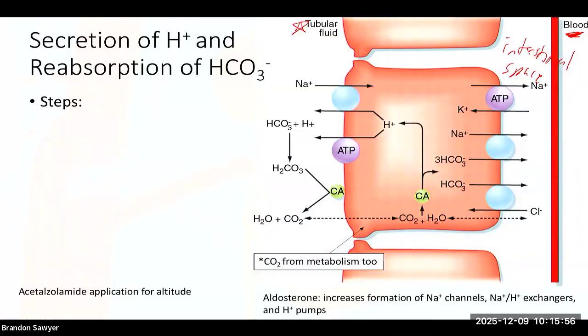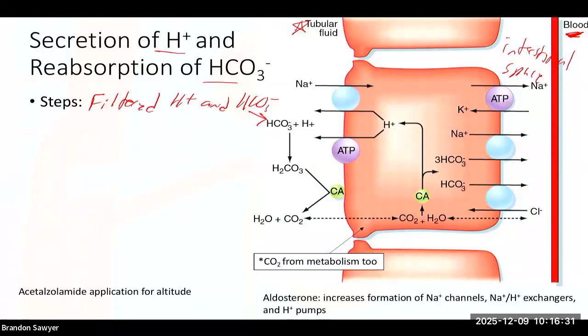And so the mechanism for secreting hydrogen ions and conserving or reabsorbing bicarbonate actually starts with filtered hydrogen and bicarbonate. Okay, we can see those guys right here. Those came from the glomerulus, right? When we made the filtrate, because they just went with the water. So they're now in the filtrate, okay?